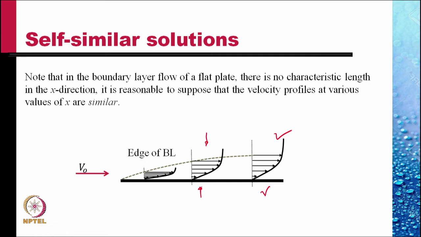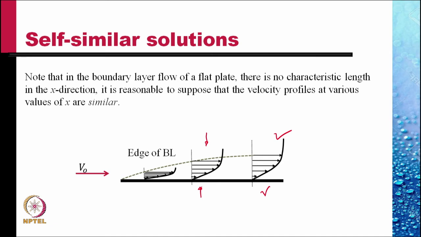We could scale it further and obtain the velocity profile at the third location. I drew these second and third profiles simply by changing the scale in the vertical direction. In the horizontal direction, the scale is same because the velocity at the edge of boundary layer is the same. These are, as I stated before, known as self-similar solutions.